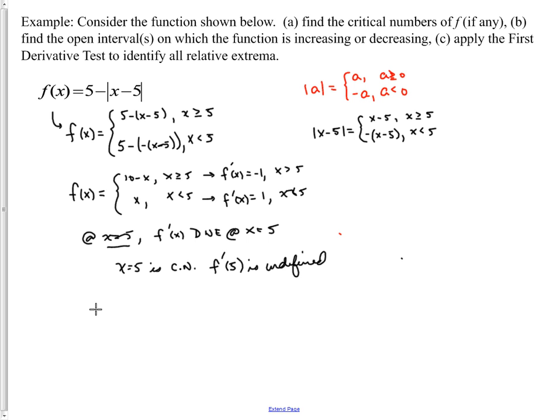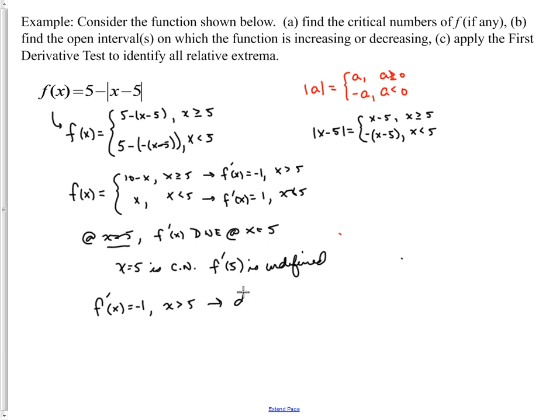Then what could we say? Well, let's take a look at the derivative. f prime of x is equal to negative 1, we said, whenever x is greater than 5.